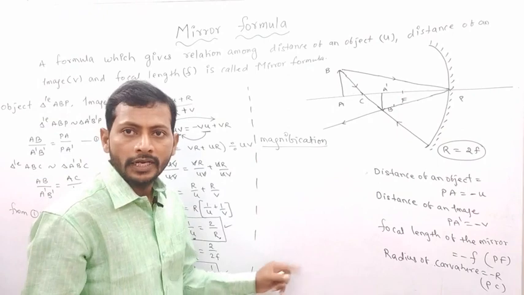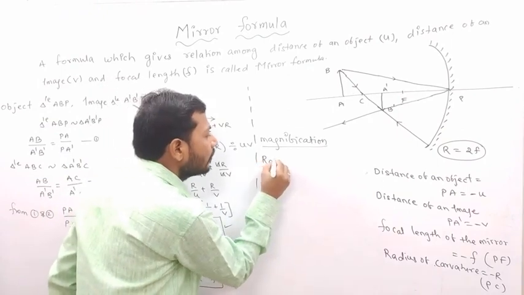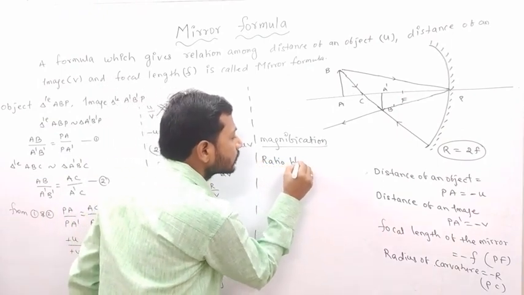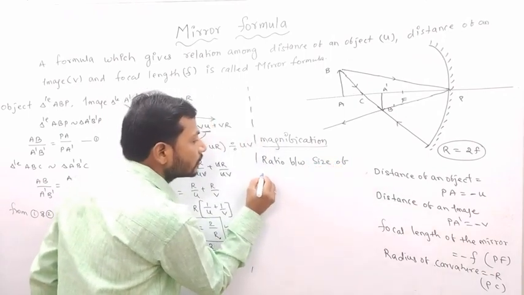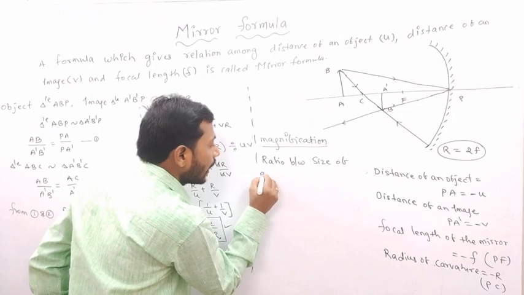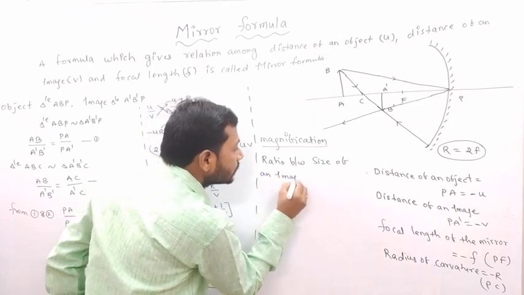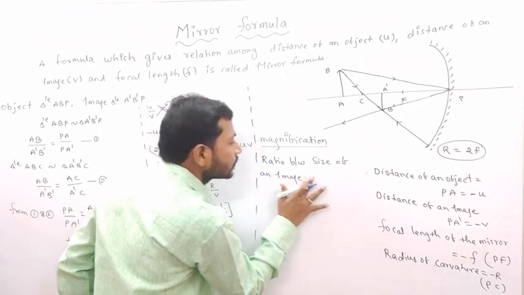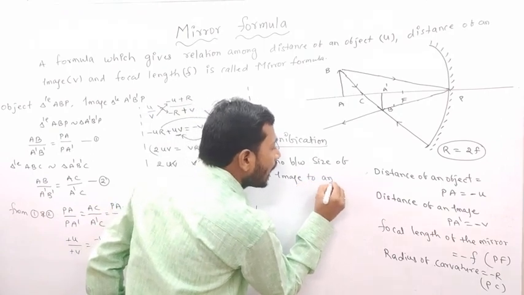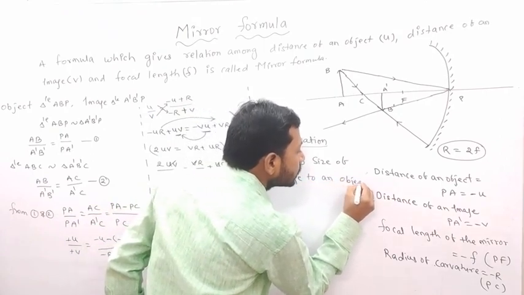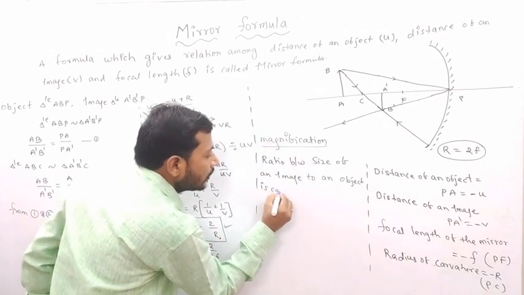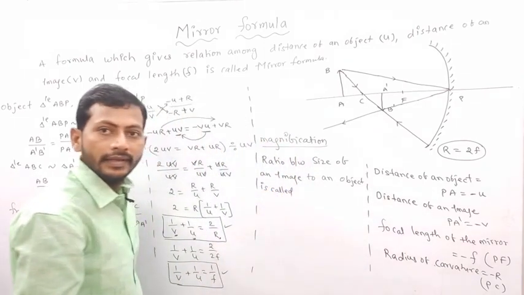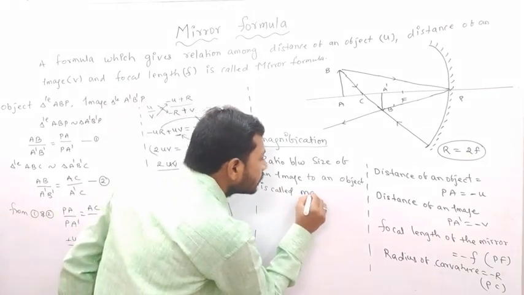The same thing I am writing: the ratio between the size of an image to an object is called magnification.